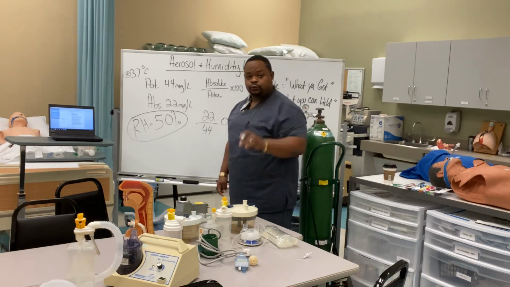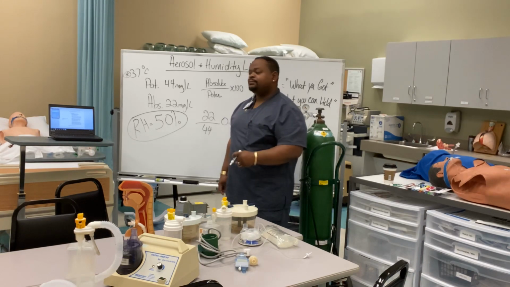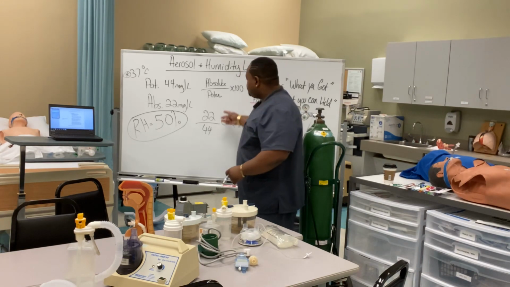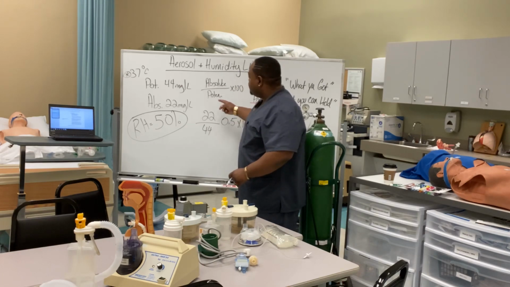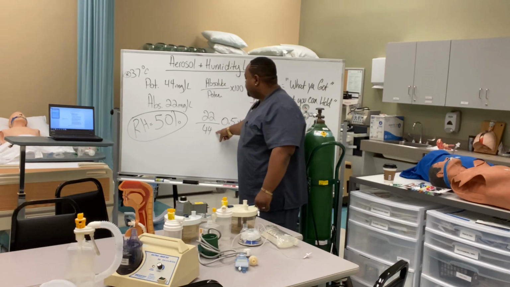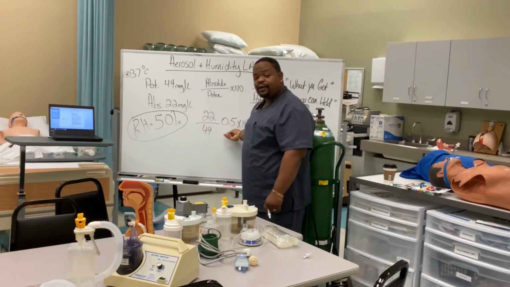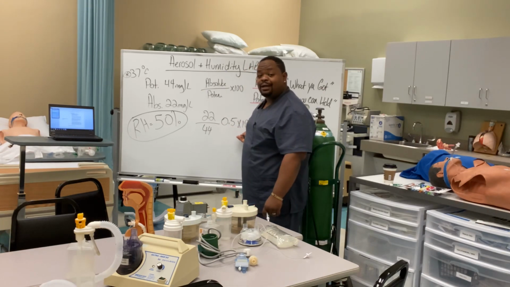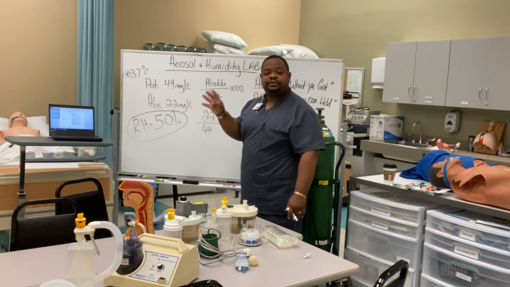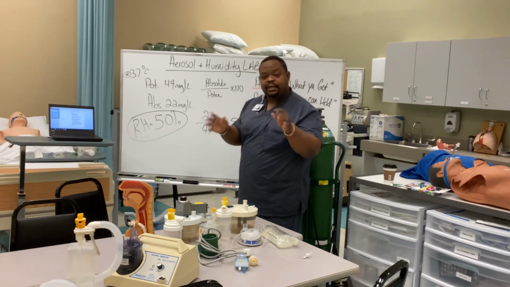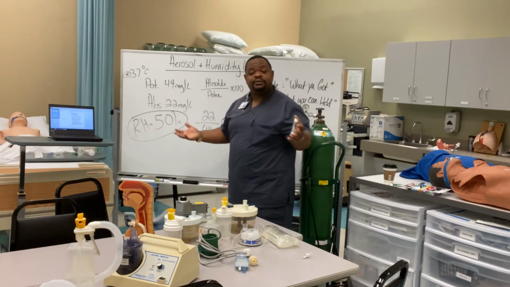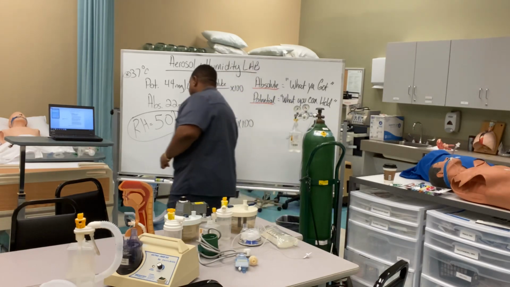Again, you'll have to zoom in as you're watching this video. So, absolute over potential: absolute was 22, potential 44, that's 0.5, and then you multiply that by 100, and it gives you 50%. So the relative humidity in this case is 50%.